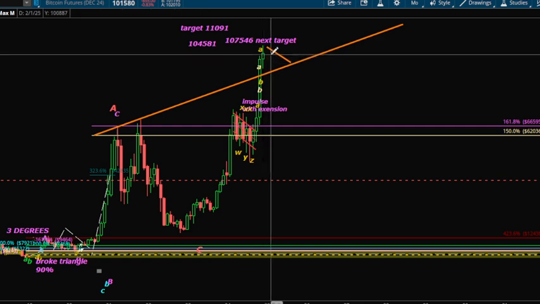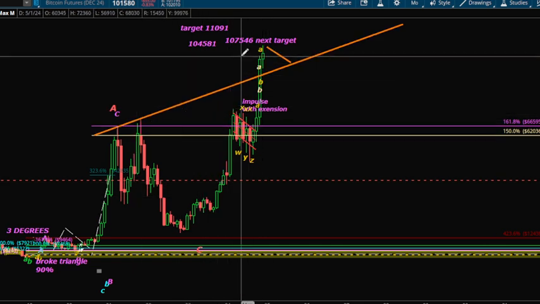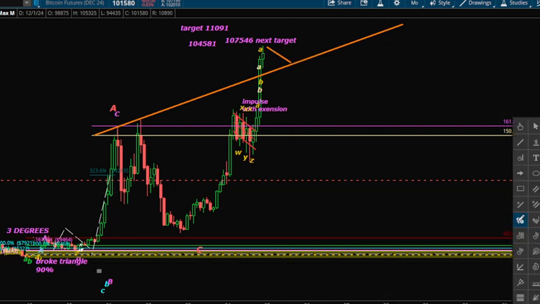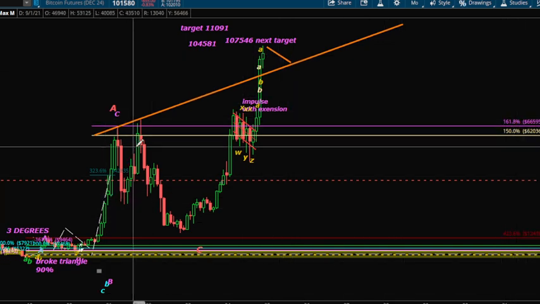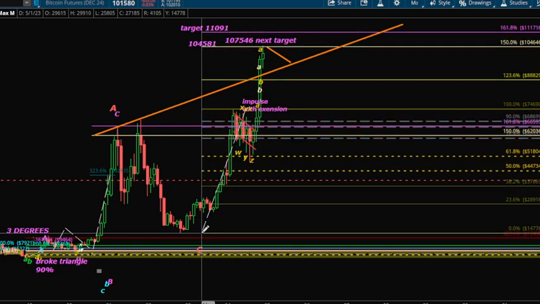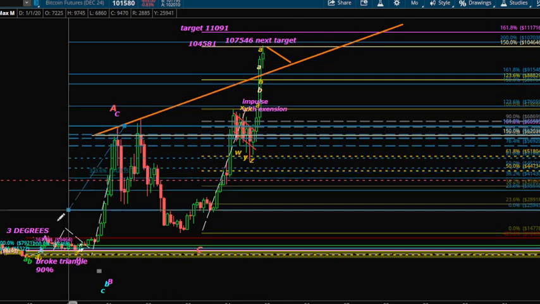But like I said, if I'm counting this in 3 moves, we could be near the top. Again, let me give you one more. See, that 150 just nails where it ended last week, and then it overlaps with this.